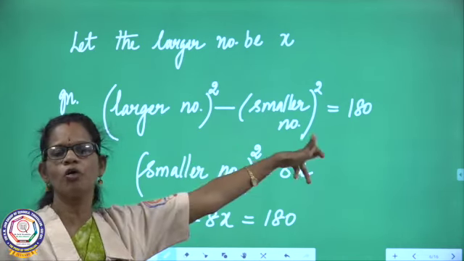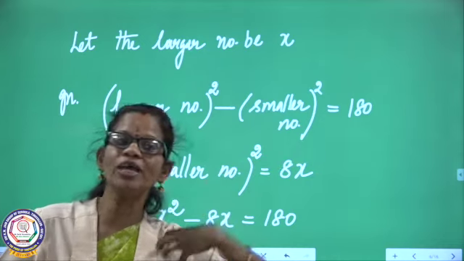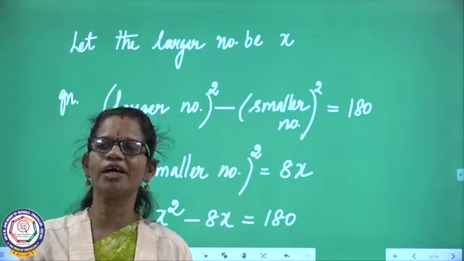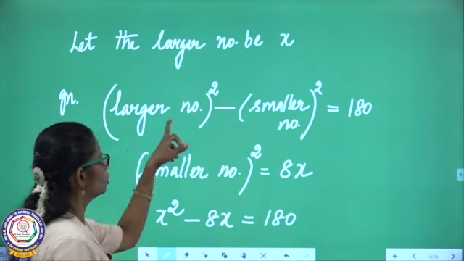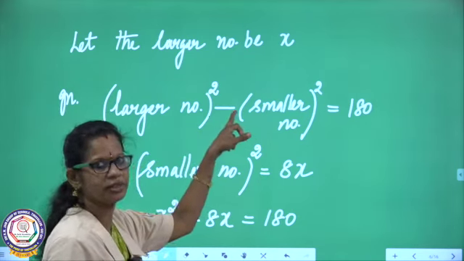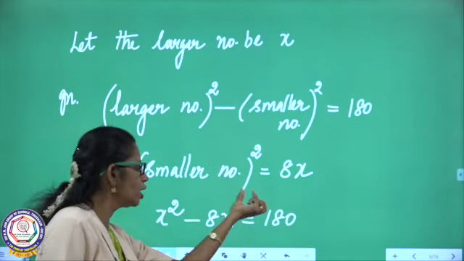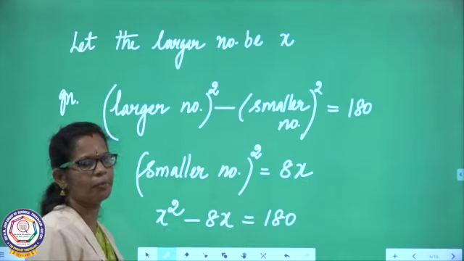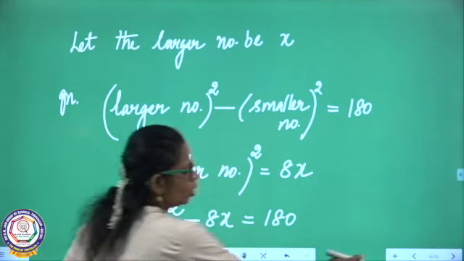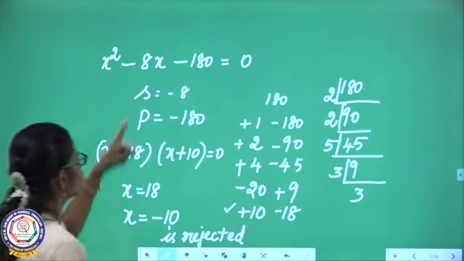When you subtract, you arrive at 180. So the solution we arrived at is exactly correct. Larger number square minus smaller number square equal to 180, and smaller number square equal to 8 times the larger number.